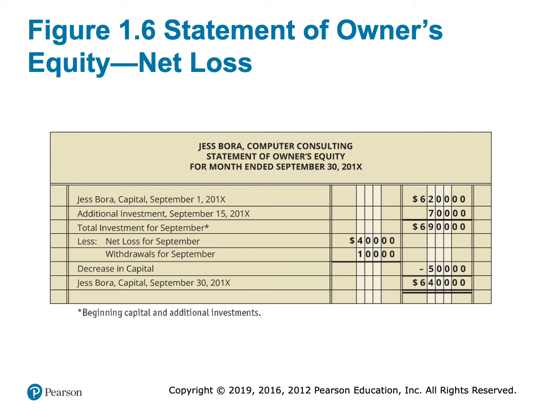Since those are two decreases to capital, we add those together, and then again, I'm going to put this in parentheses, we're going to subtract the total of those decreases to calculate our new capital balance.